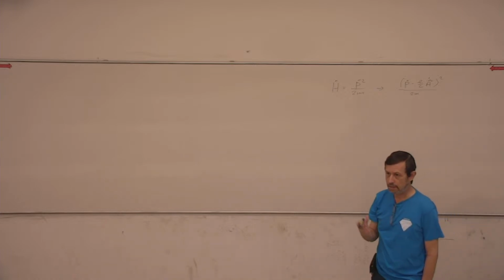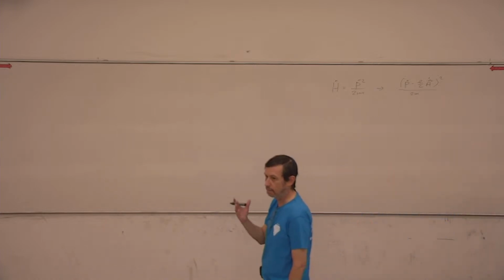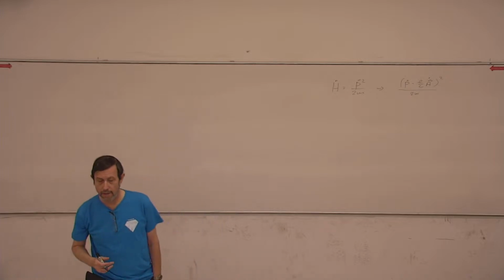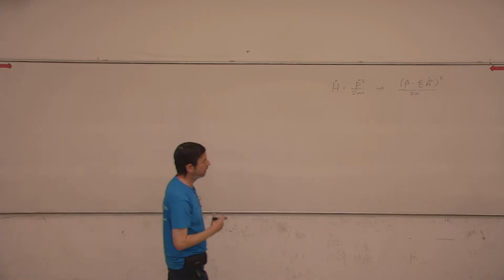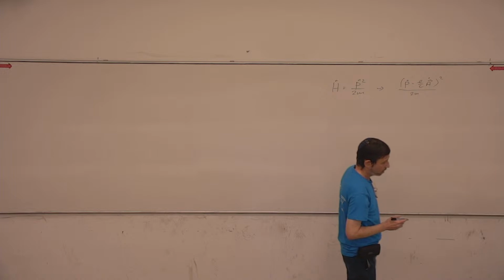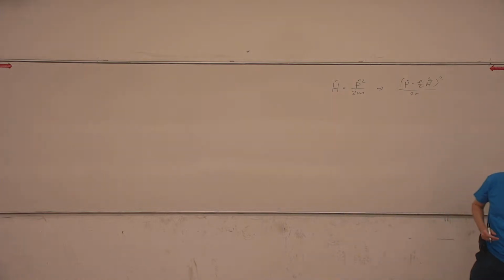As in classical analytical mechanics, we added the influence of the magnetic field as a vector potential. We chose a specific gauge.